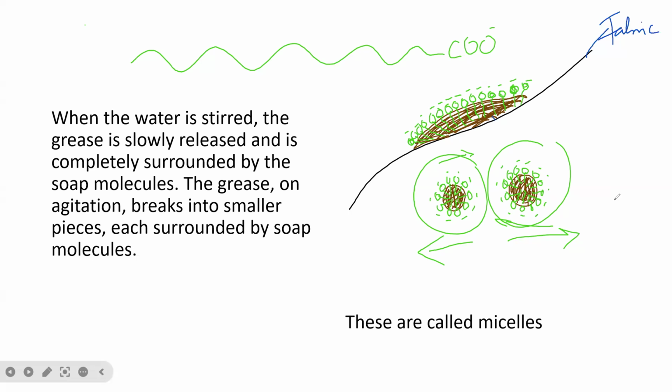This brown one is the grease. Let's call it grease stain. Then these green gentlemen that are lined up are the soap molecules.